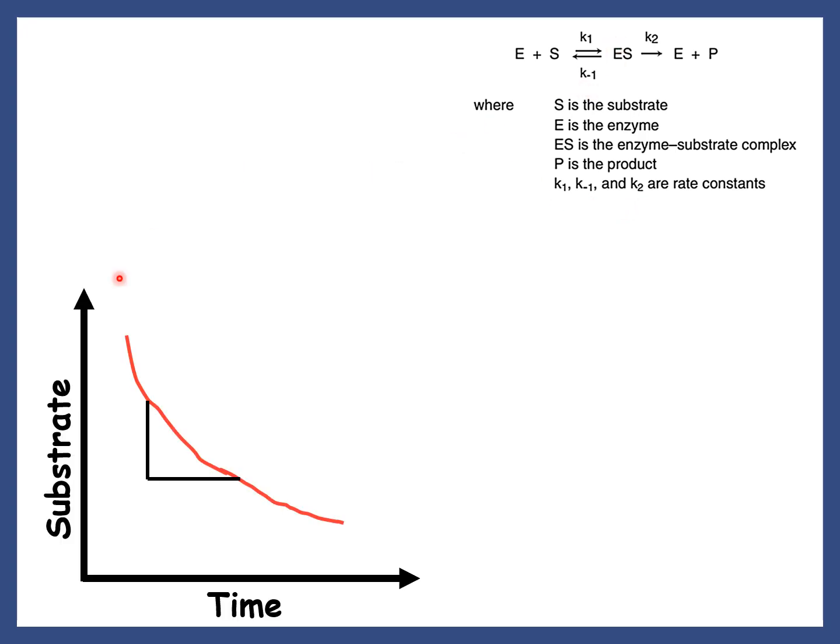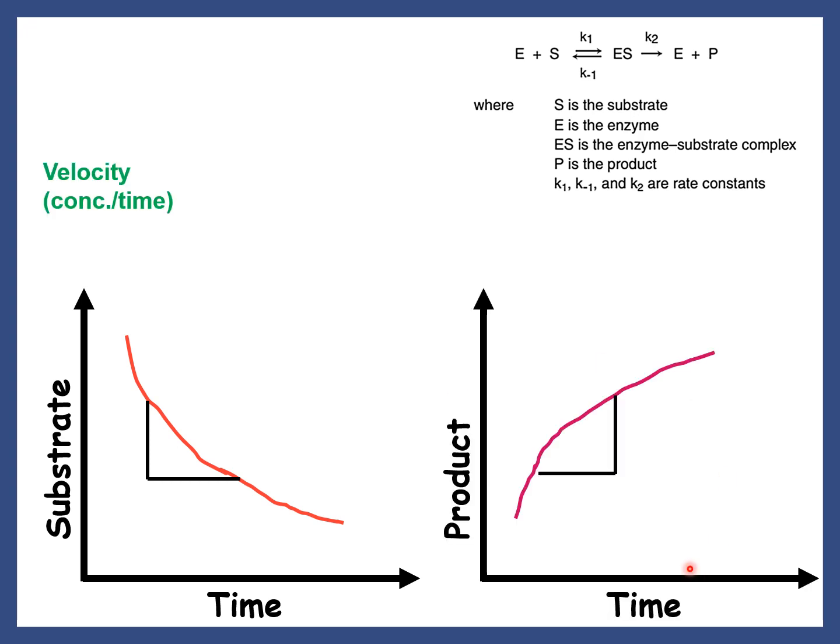Now if on the y-axis we take the substrate, and on the x-axis we take the time, over time the concentration of the substrate would go down. Similarly, if on the y-axis we have product and on the x-axis we have time, the product concentration will increase in a hyperbolic manner over time, and the velocity of these reactions can be determined by the slope of each curve, which would be the rate of reaction.